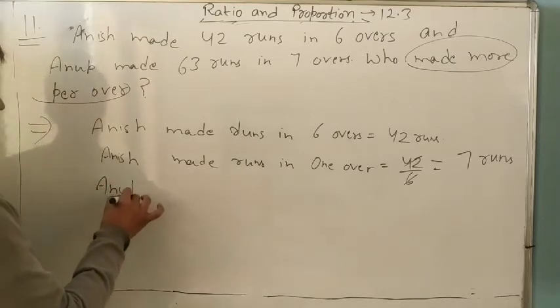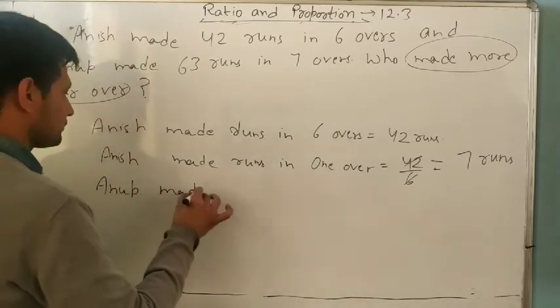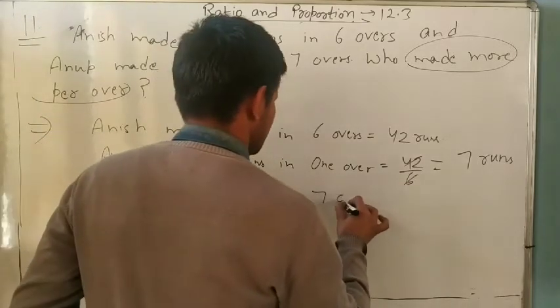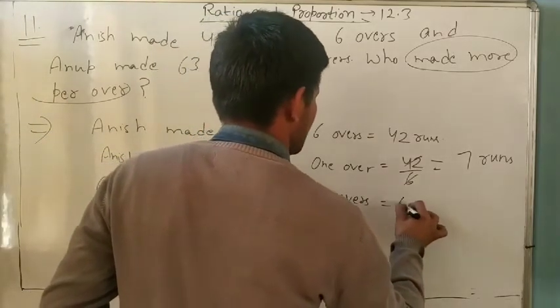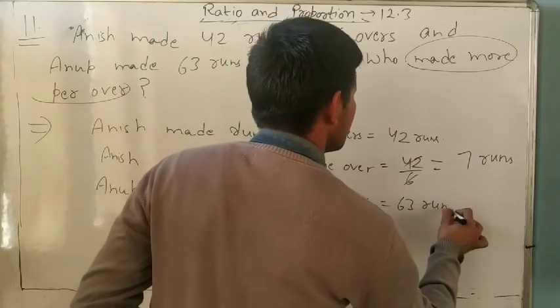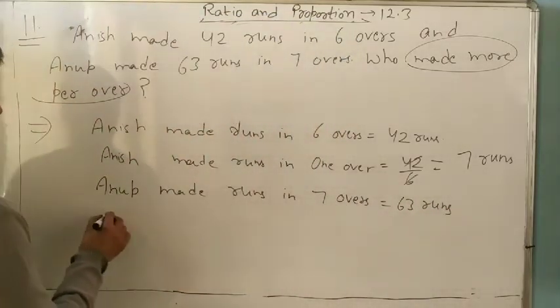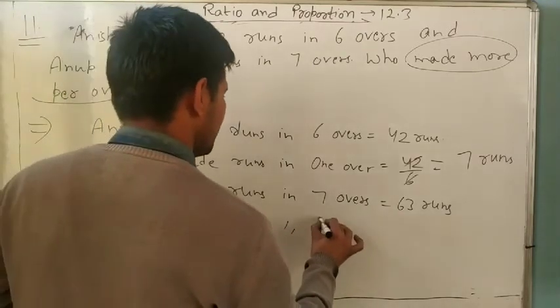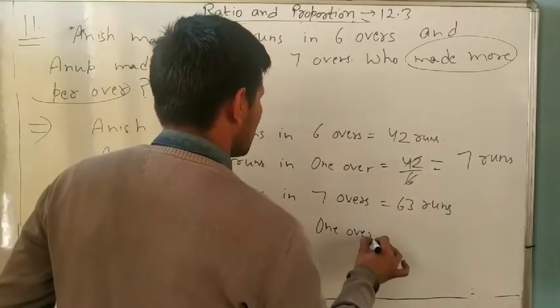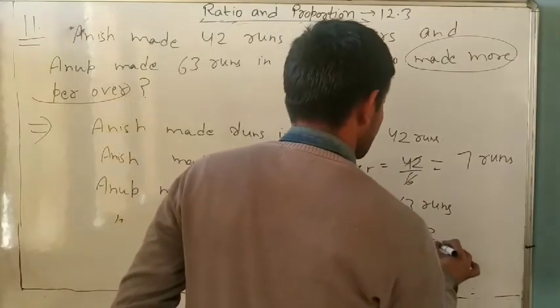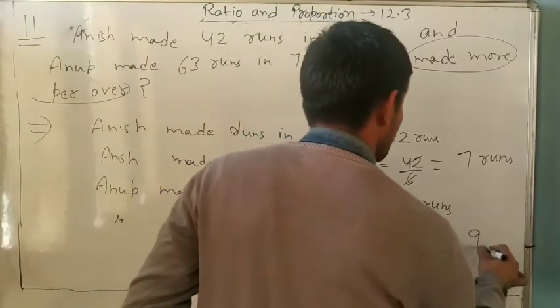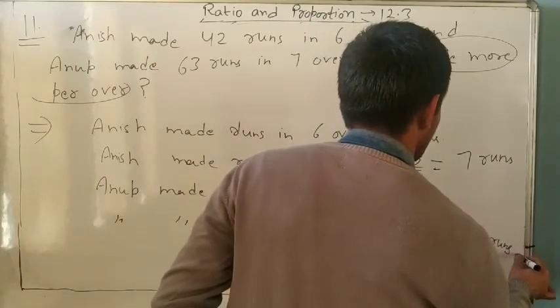Same as it is, we will find for Anup. Anup made 63 runs in 7 overs. Same as it is, Anup made runs in 1 hour. So in 1 hour Anup made 63 divided by 7, which is 9 runs.